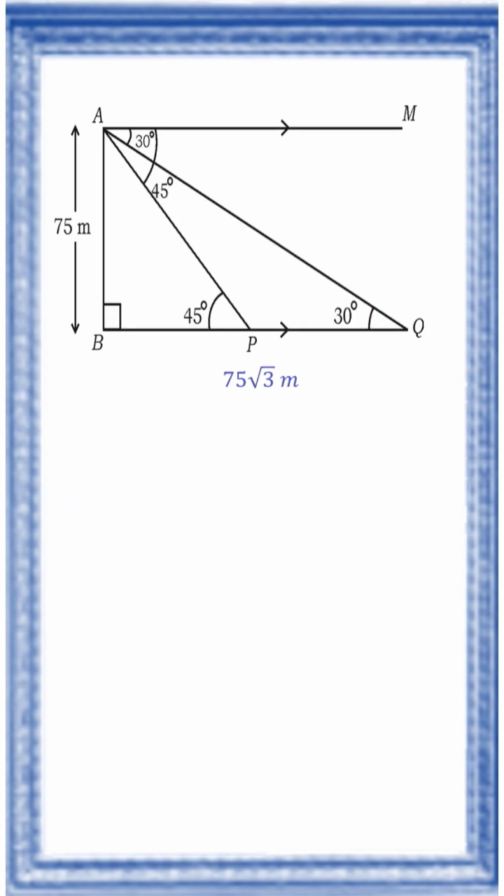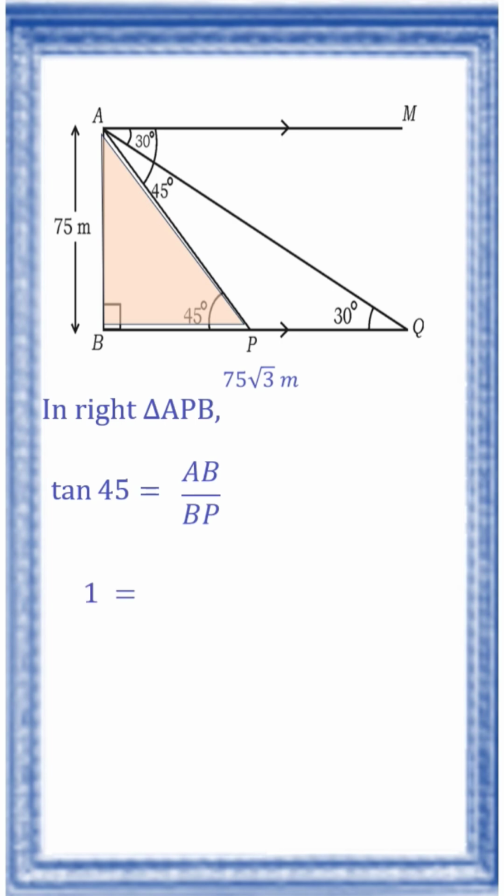Now in right triangle APB, tan 45 is equal to opposite by adjacent, that is AB by BP. Tan 45 is equal to 1. AB is 75 by BP. So BP is equal to 75 meter.